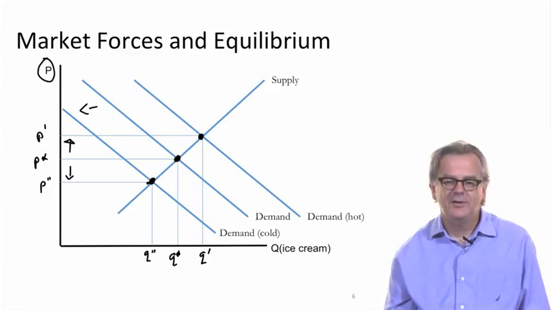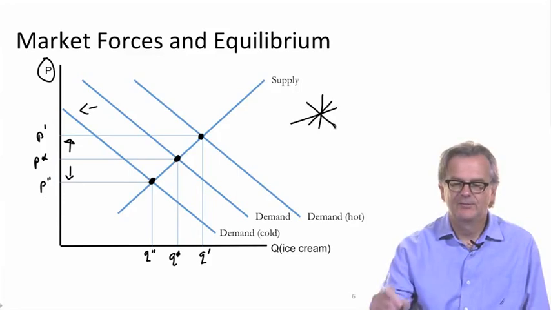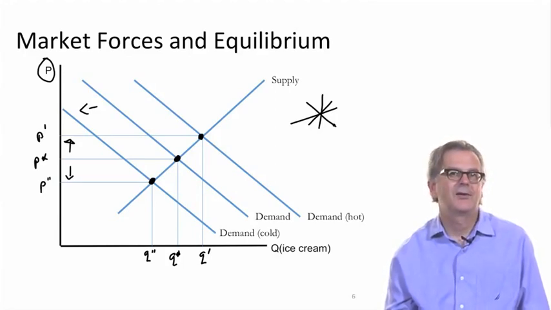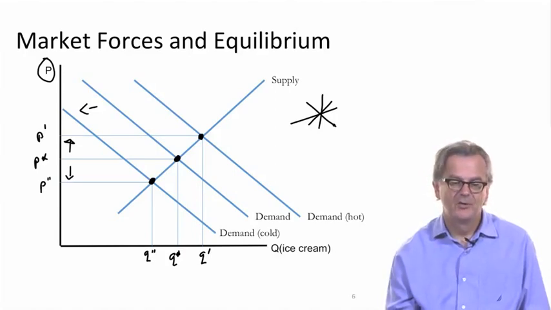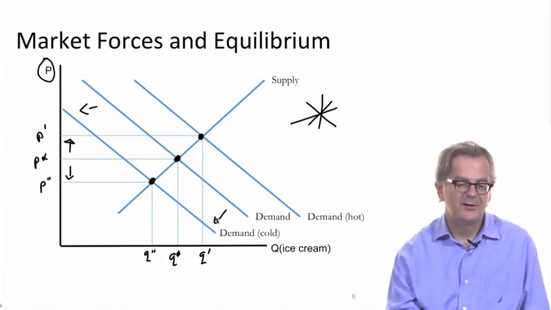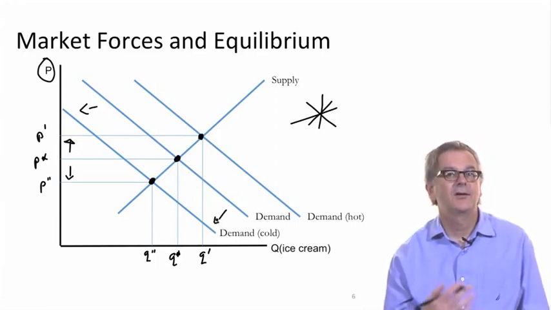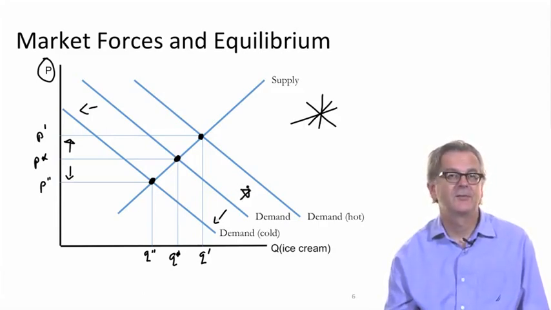In fact, if you think about it, what this analysis suggests is that we should be seeing very frequent price changes for a commodity like ice cream. Any time a cloud passed over the sun and the temperature dropped, we would expect the demand for ice cream to fall, we would expect its price to fall. And when that cloud moved away from the sun and the temperature rose again, we would expect to see the price increase.